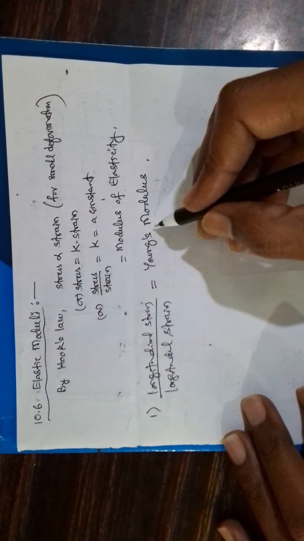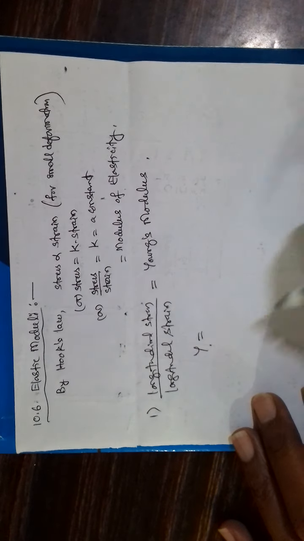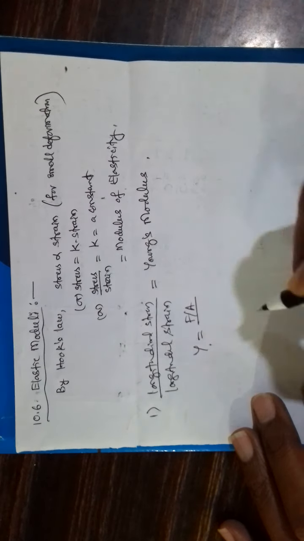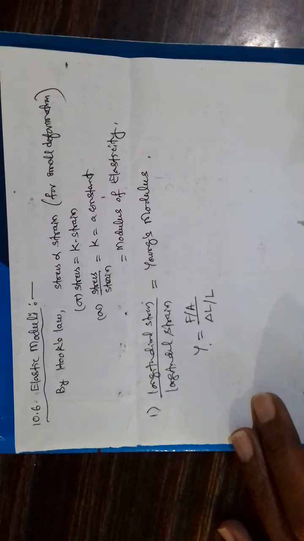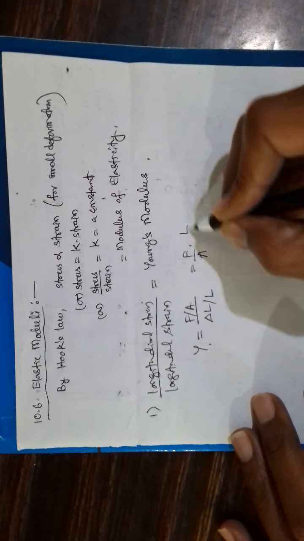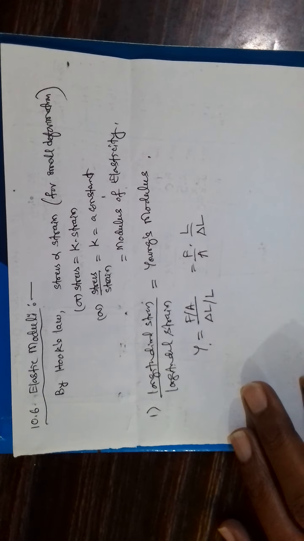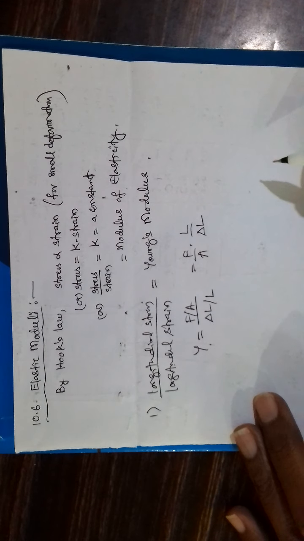See, Young's modulus is shown by Y, and longitudinal stress means force by area. Longitudinal strain means change in length by original length. So you can write Y equals F by A into L by delta L. See here, its SI unit, suppose you want.